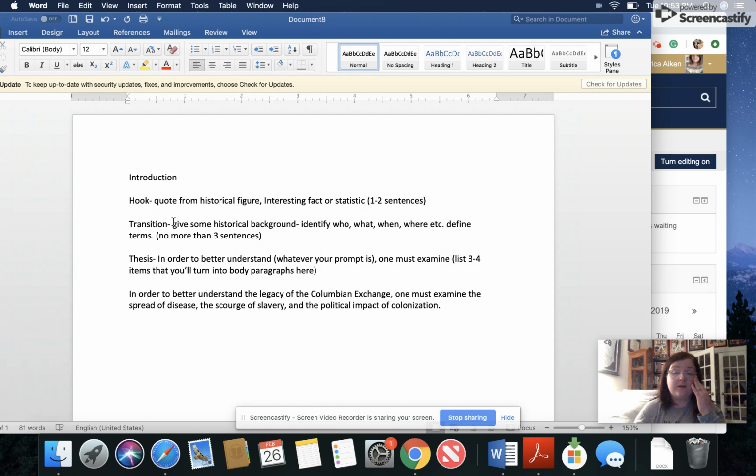Okay. That's just a sample one there, but you can see how I can turn that almost into fill in the blanks. Here I go. I've got my nice intro paragraph.